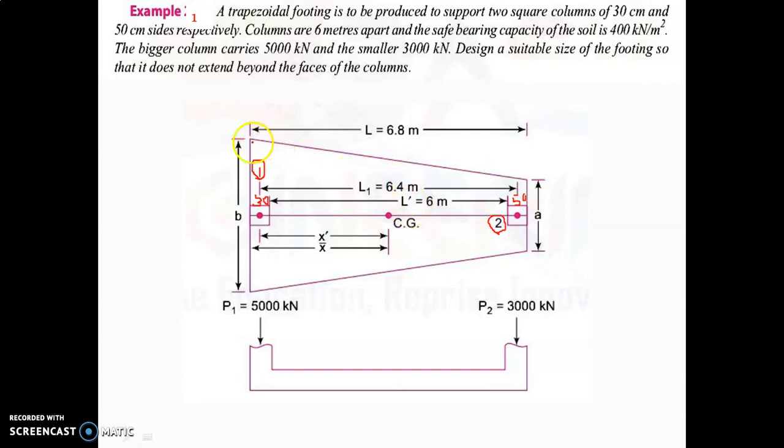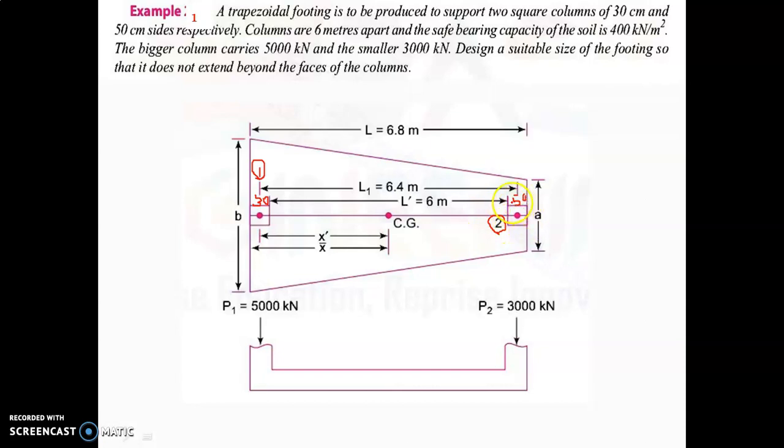Now the total length, the actual length, is end to end, from this side to here. Till here this is 6, right? Plus 0.5 plus 0.3, 0.8. So 6 plus 0.8, 6.8. Understood, no? Here to here L dash is 6 meter.